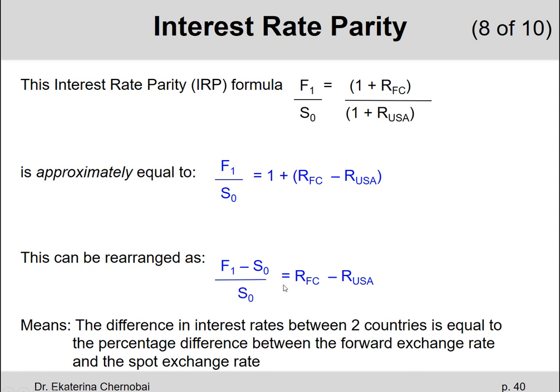And on the right-hand side, what we have remaining from this rearrangement is the difference in the interest rates: the foreign interest rate for the risk-free asset minus the domestic interest rate for the risk-free asset. So this is where this definition of the interest rate parity is coming from. The difference in interest rates between two countries is equal to the percentage difference between the forward exchange rate and the spot exchange rate.